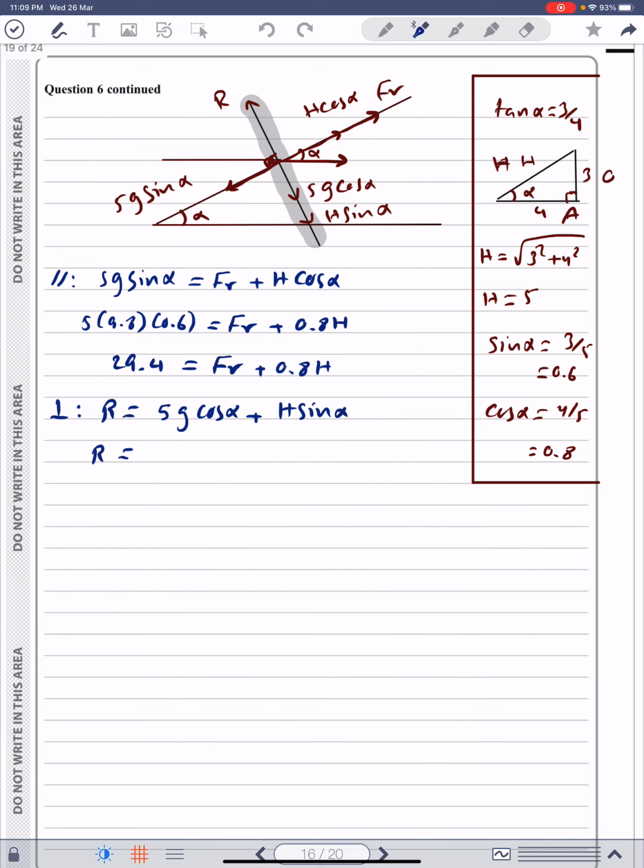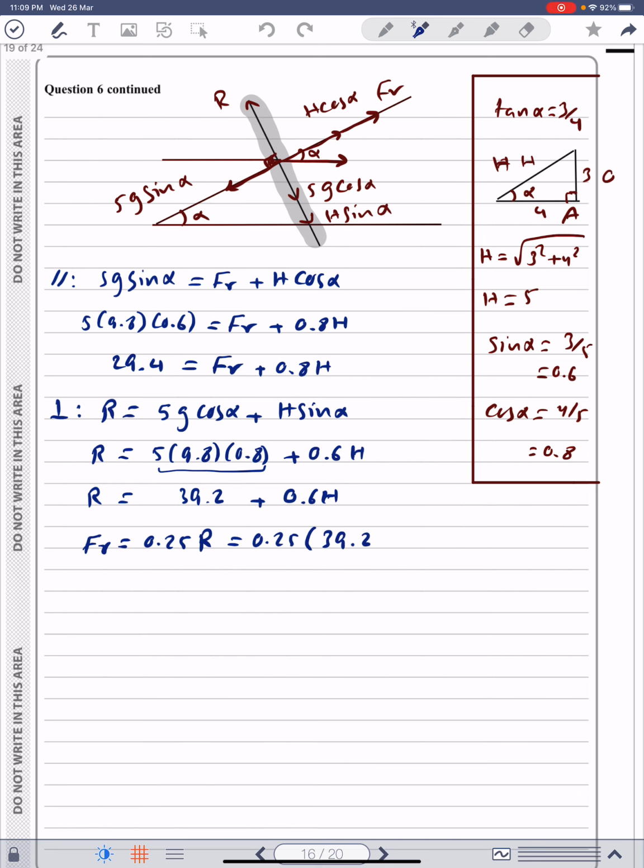This gives R equals 5 times 9.8 times 0.8, plus 0.6 H. This in the calculator: 39.2 plus 0.6 H. The second information in the question, that friction equals 0.25 times R, so 0.25 times (39.2 plus 0.6 H).